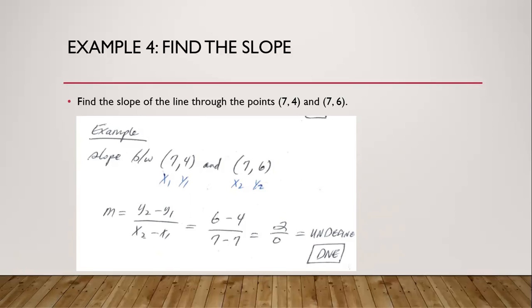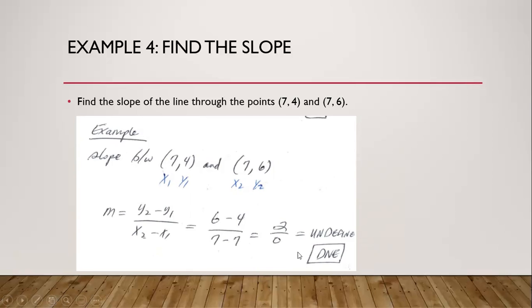Or we use another term, we say does not exist. 2 divided by 0 does not exist, or DNE. So we either say undefined or we say does not exist, or DNE. The computer will say undefined. So you need to be familiar with that term, undefined.